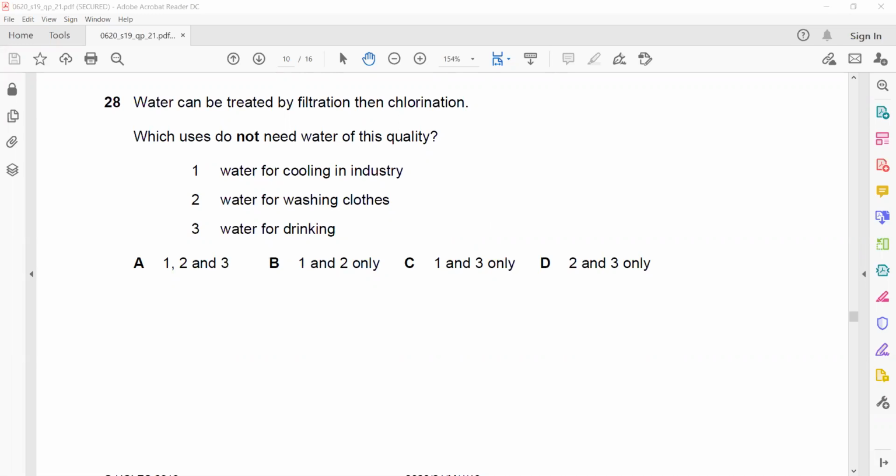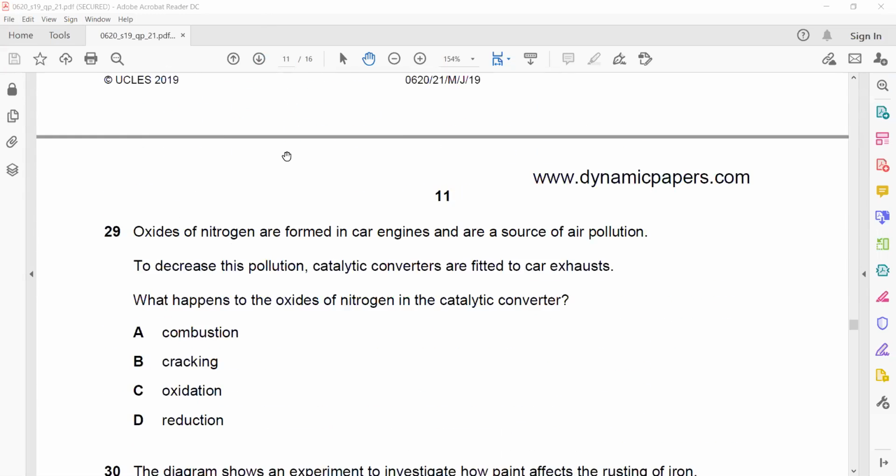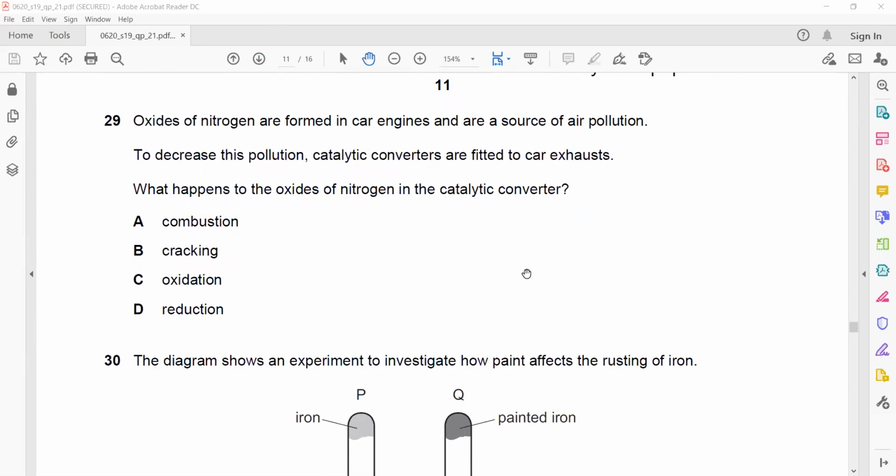So for which one do we not need to just filter and chlorinate? For the cooling industry, we do not need very pure water. For drinking, it should be pure, filtered and chlorinated. So 3 cannot be an answer. So you're left with only one, which is without 3. That's 1 and 2.